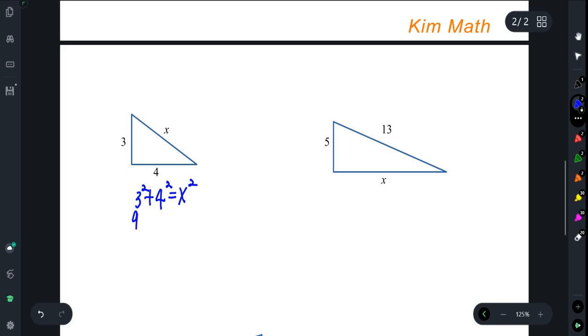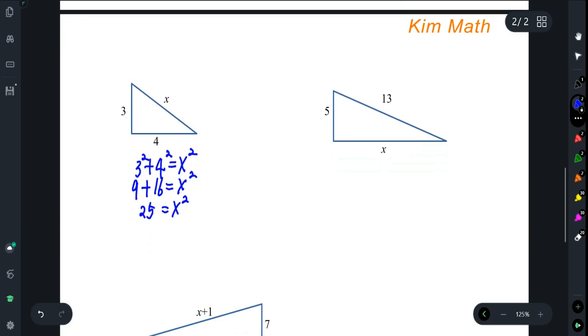So this is 9 plus 16 equals x squared. So 25 equals x squared. X is plus or minus 5, but since x is a length, we will choose only the positive number.